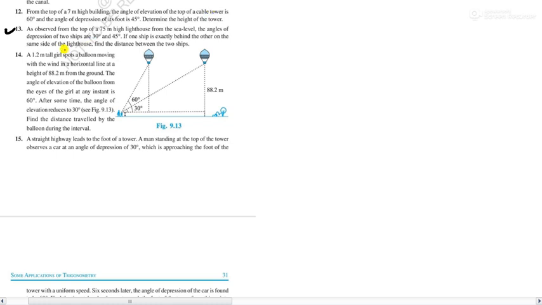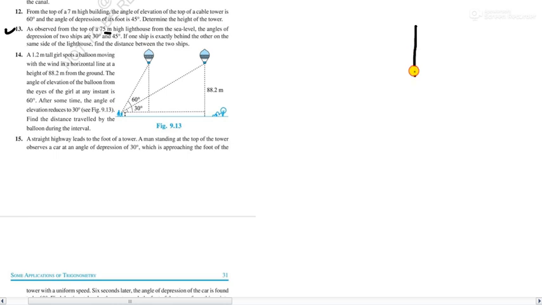So let us start question number 13. Here it says, as observed from the top of a 70-meter high lighthouse from the sea level, the angle of depression of two ships are 30 degree and 45 degree. If one ship is exactly behind the other on the same side of the lighthouse, find the distance between the two ships.